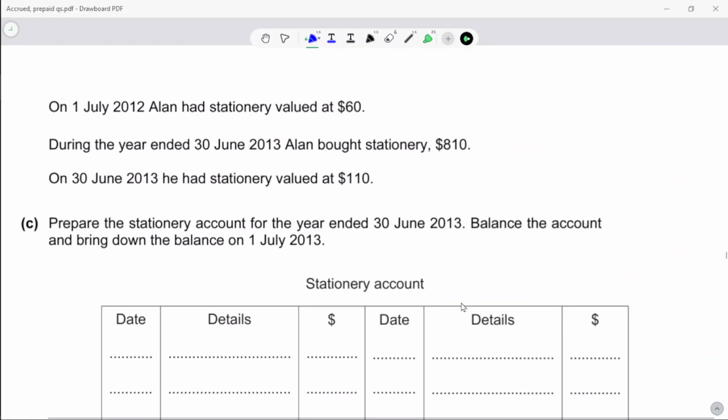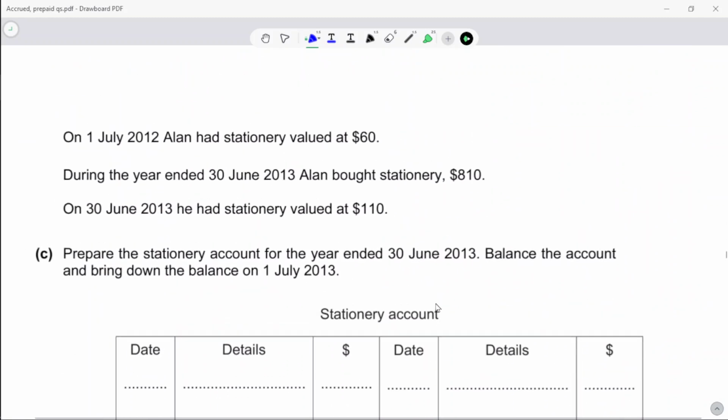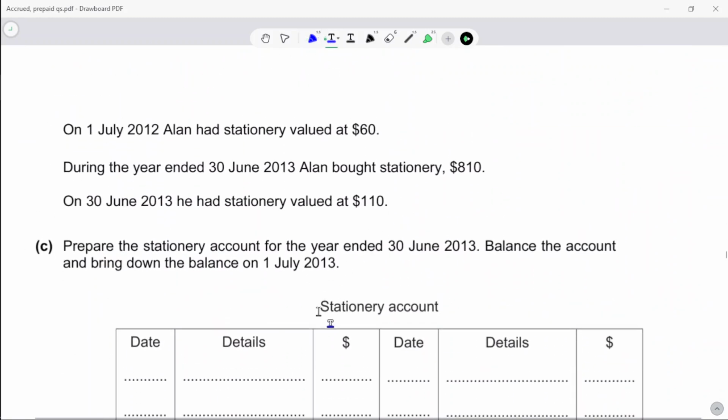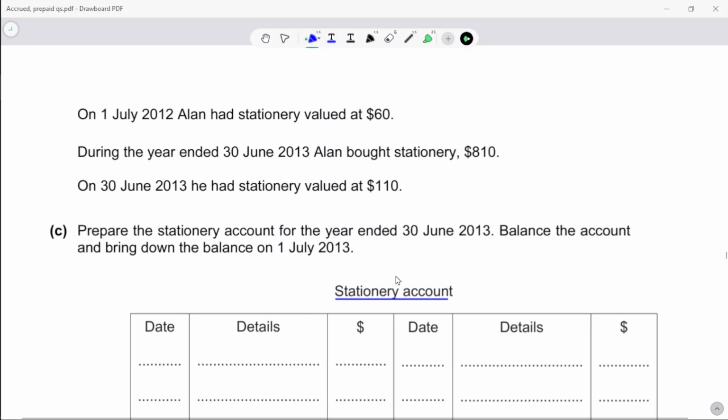Okay, now we are doing another question, the stationery account. This one is very simple. This account is actually an expense, so we have a debit balance.